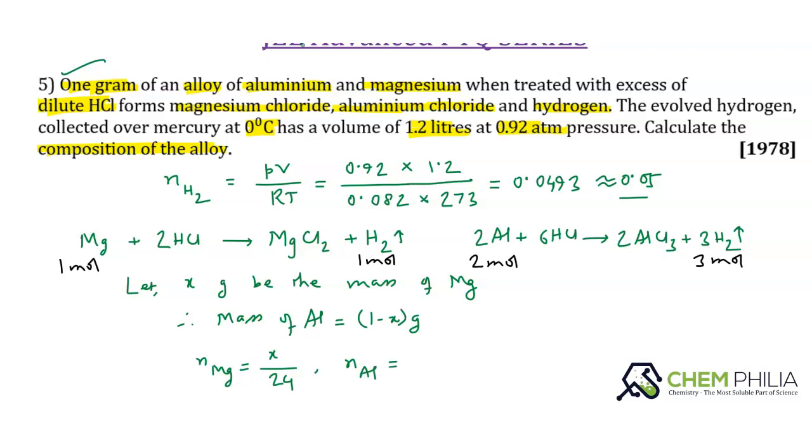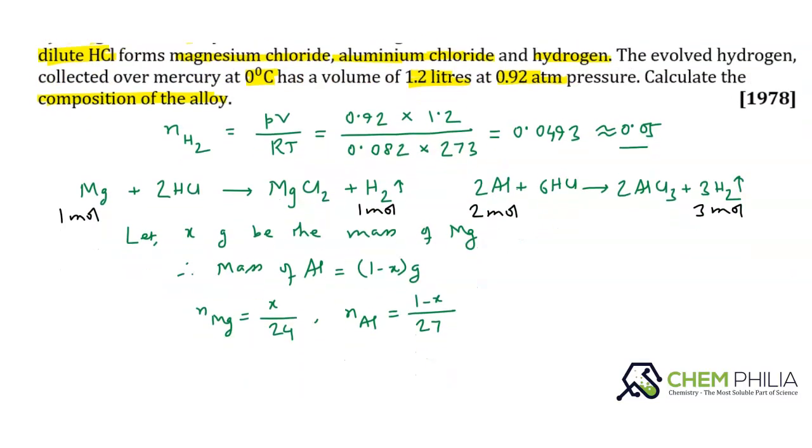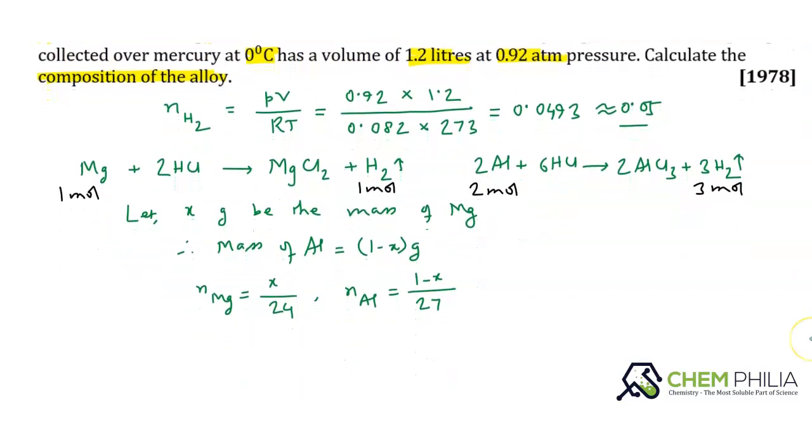Whereas number of moles of aluminium will be 1 minus x upon 27. Right? So 1 mole of magnesium gives 1 mole of hydrogen.